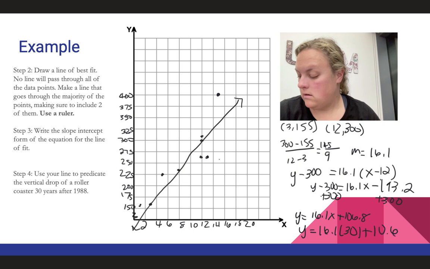So when I do that, I get roughly 589 feet. So as you can see, this is only one way to do it, and you're going to be dealing with decimals, and that's okay, because you can use a calculator to help you as you are doing it. Remember to ask questions if you need help.